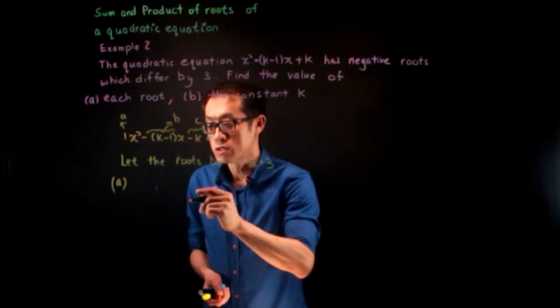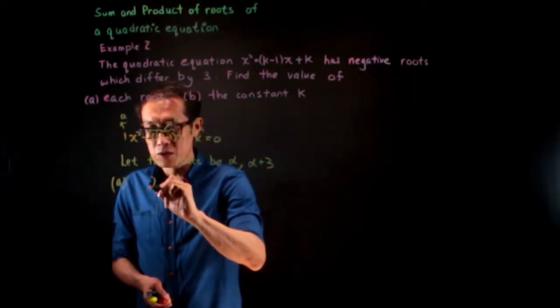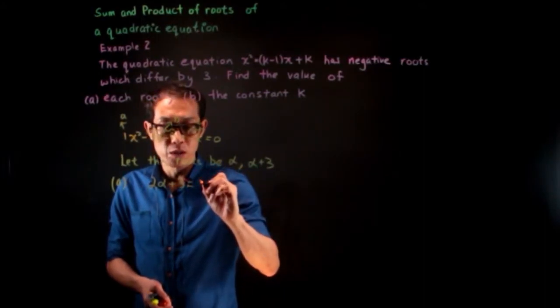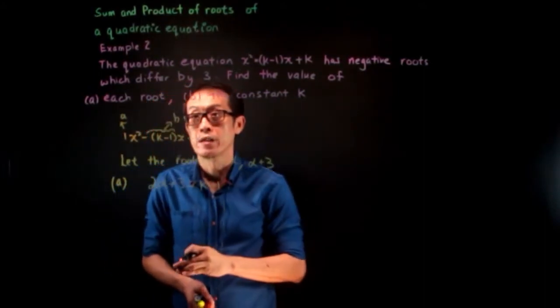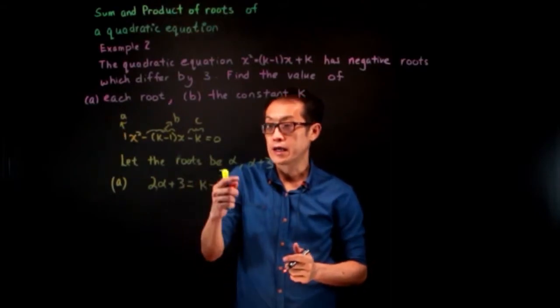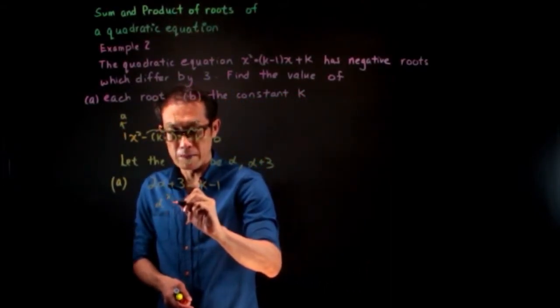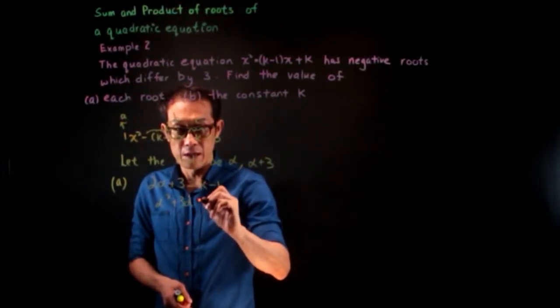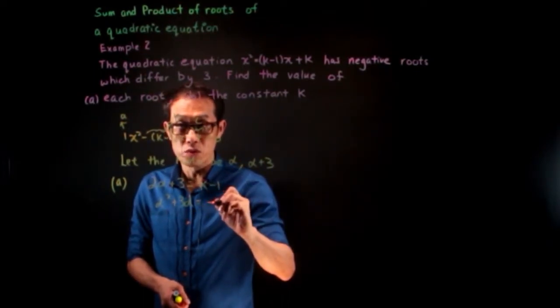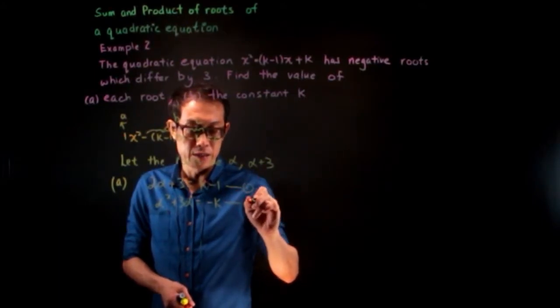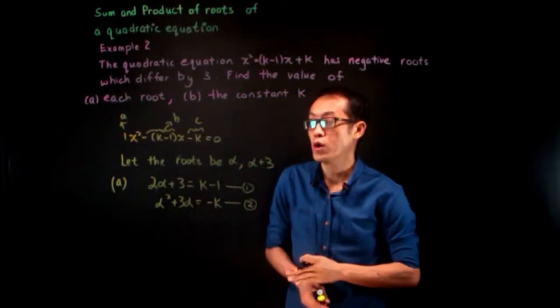So the sum of roots will be 2 alpha plus 3 equals k minus 1. And then the product of roots will be alpha squared plus 3 alpha equals minus k. Let's call this equation 1 and this equation 2.